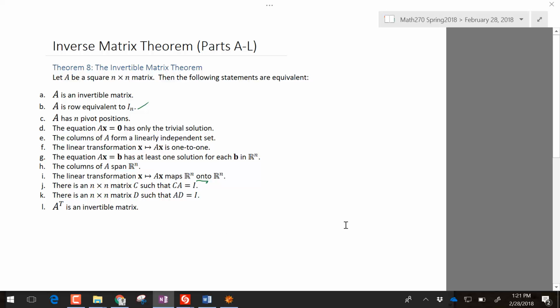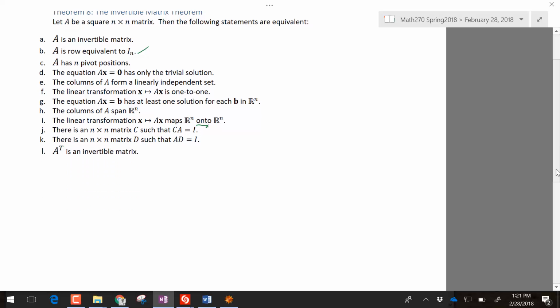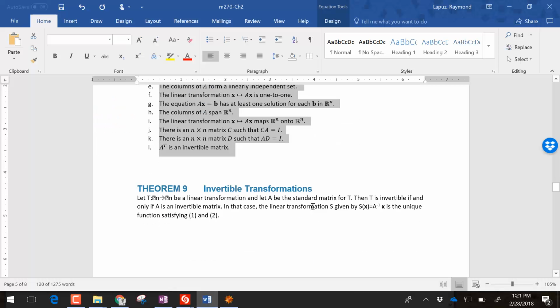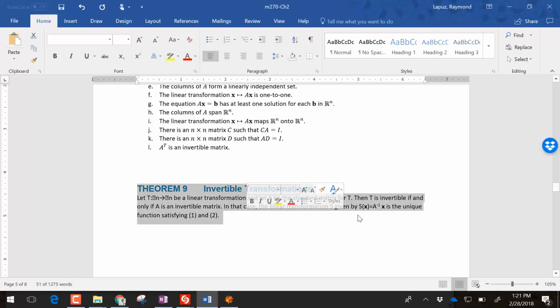The other part that's in this section, which we're not really going to go over in too much detail, is information about transformations. Oh, these things are not typeset correctly.